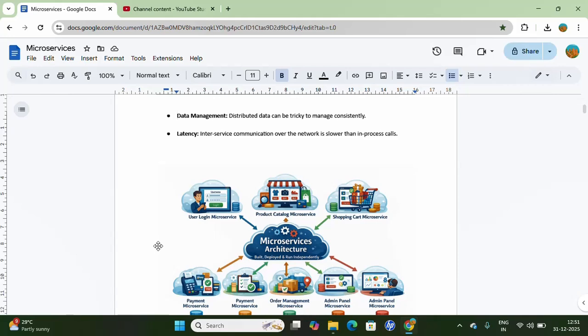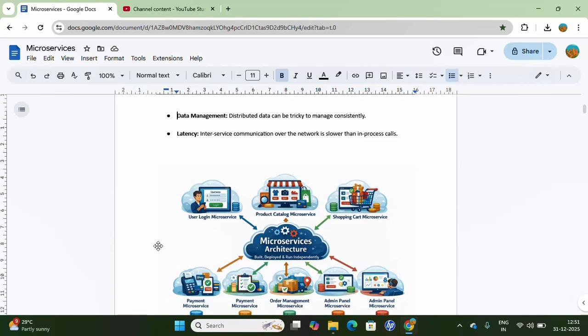Because we have one common data and 9 services, and any one service can do an update, right? When multiple services are interacting with this common data, there is a chance of inconsistency. So we have to maintain a proper mechanism to keep the shared data consistent across all the services. So that is one thing.